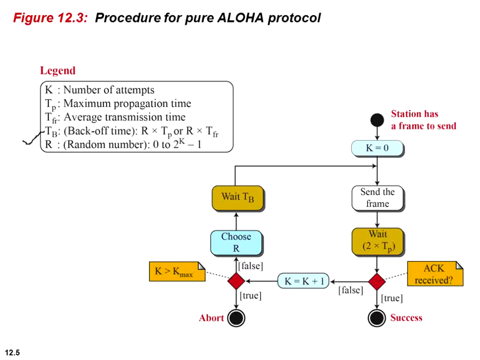The timeout period is equal to the maximum possible round-trip propagation delay, which is twice the amount of time required to send a frame between the 2 most widely separated stations. As you can see, we have 2 into TP.